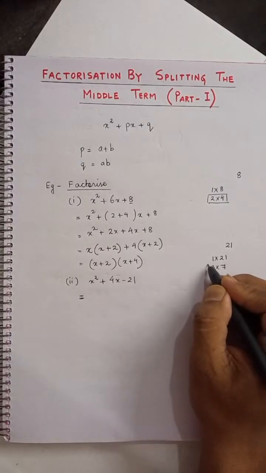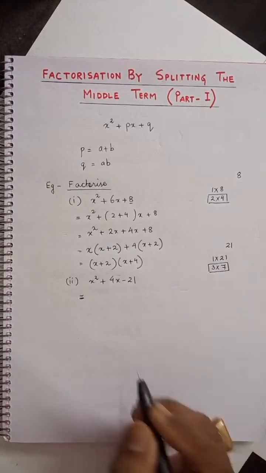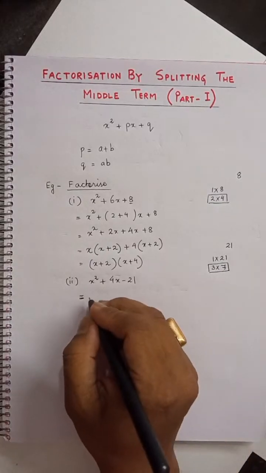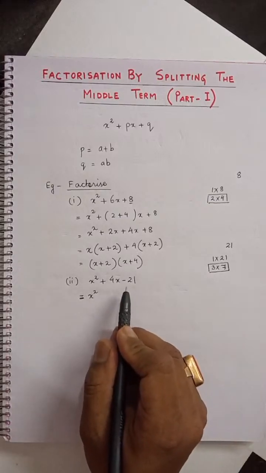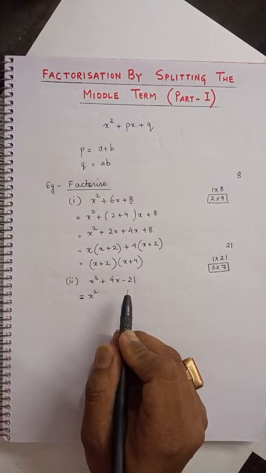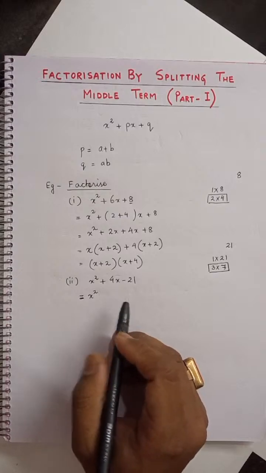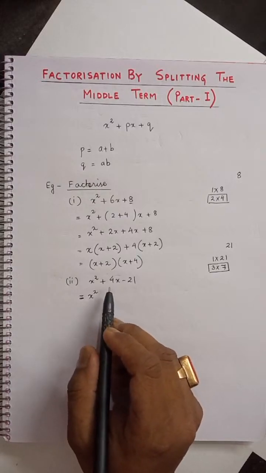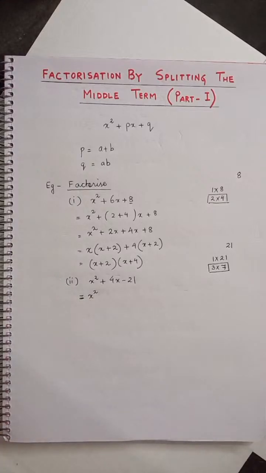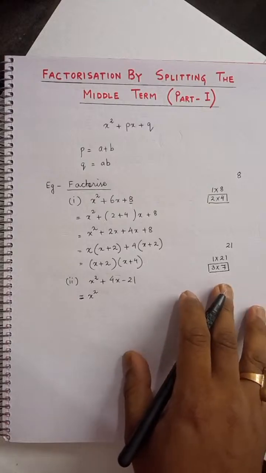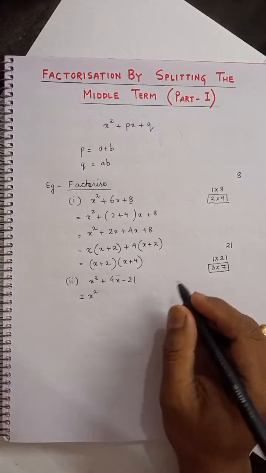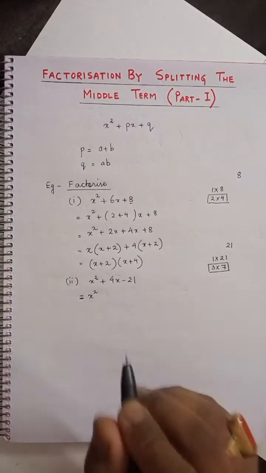So our combination will be 3 and 7. But one thing we have to be very careful about is that the product has to be minus 21 and the sum has to be positive 4. So when we are taking 7 and 3, we have to take the combination in such a way that the sum is plus 4.